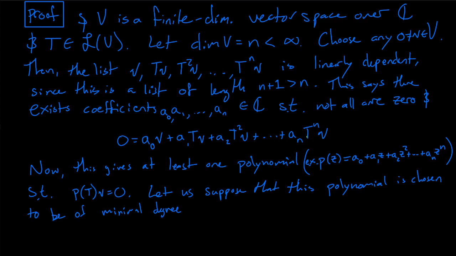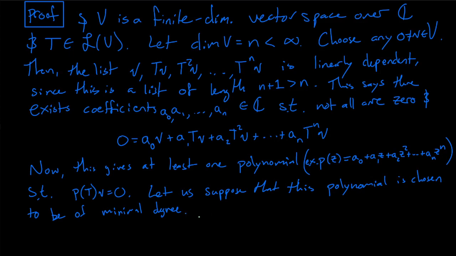That is, maybe you could do it with an equal to 1 and other things equal to other stuff, or there's some other combination where an is 0. Choose the one where an is 0. So if there are multiple options, let's suppose that we took the one that is of minimal degree. So this is not necessarily a unique polynomial. You could maybe take a scalar multiple of it, for example, and it would be fine. Okay, so we could take it of minimal degree.